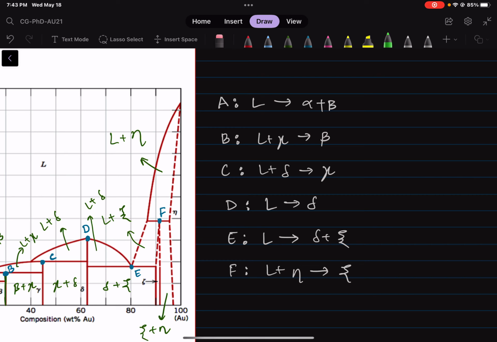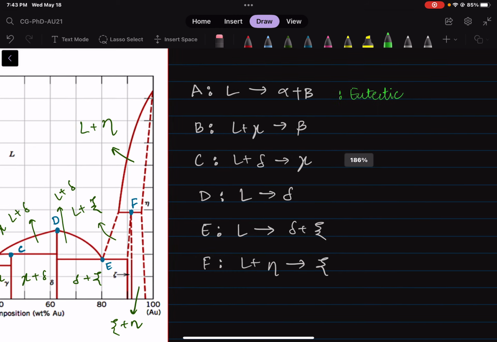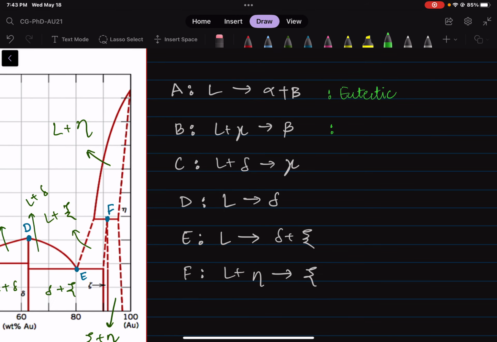Let's try to label them. Liquid transforming to two solids is a eutectic reaction. One liquid and one solid transforming to another solid is a peritectic reaction. Similarly, liquid plus delta transforming to gamma will also be a peritectic reaction. Liquid transforming to only delta will be a congruent transformation because there is no composition change.